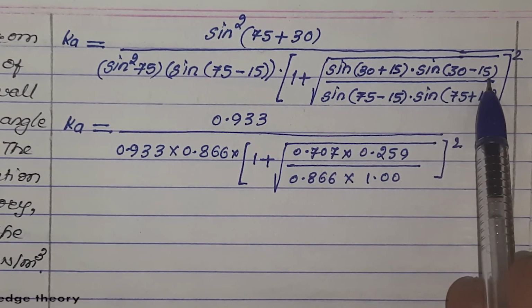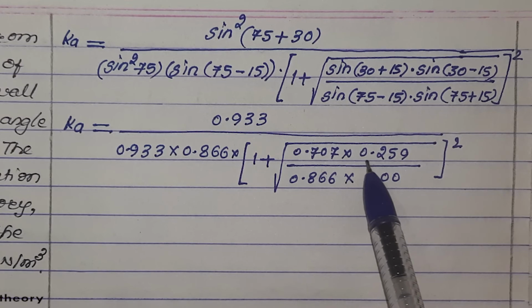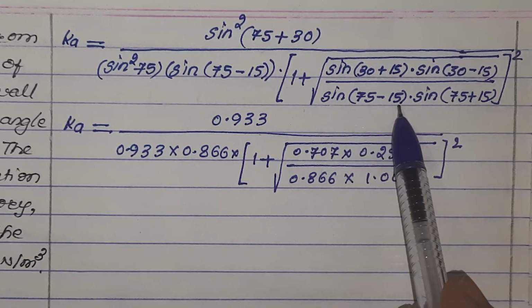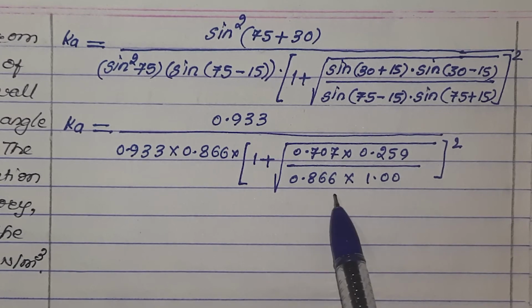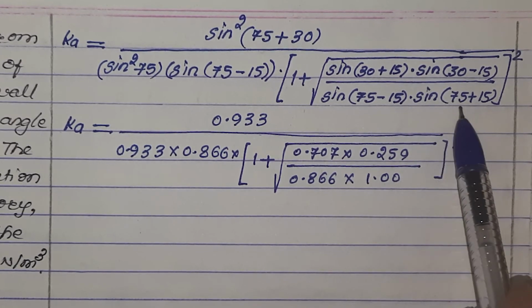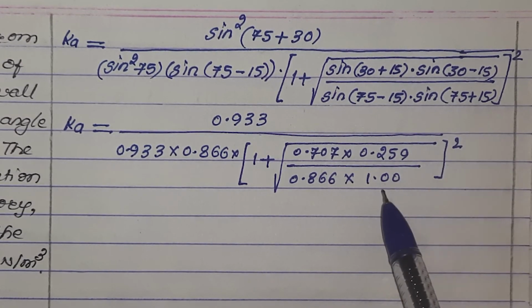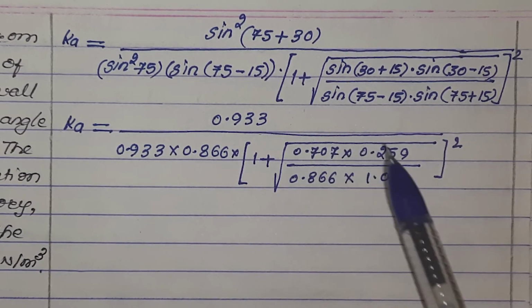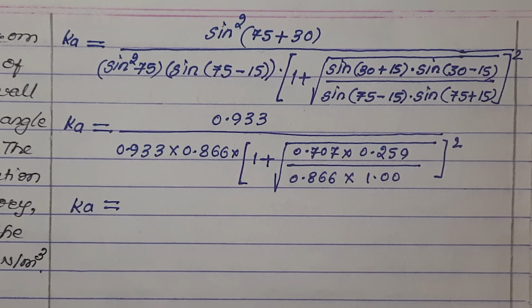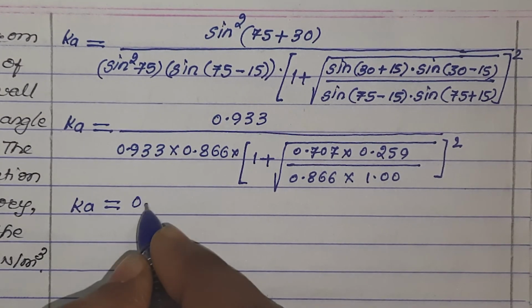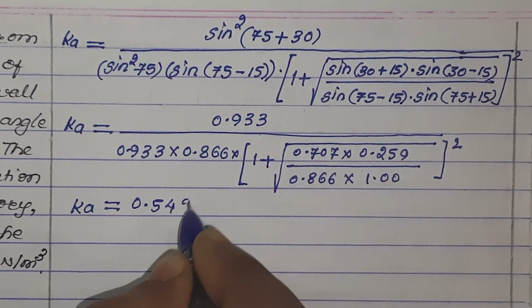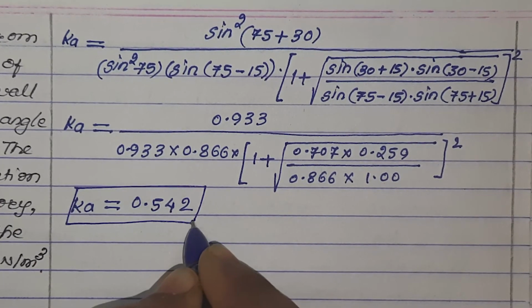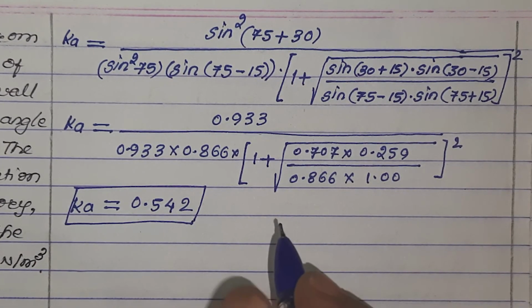Sine of 30 minus 15 means sine 15, 0.259. Sine of 75 minus 15, again sine 60, so 0.866. Sine of 75 plus 15 means sine 90, which is 1, and the square of this quantity. From this, we will get the final value of Ka. Thus, Ka is 0.542. So, this is the coefficient of active earth pressure by Coulomb's wedge theory.